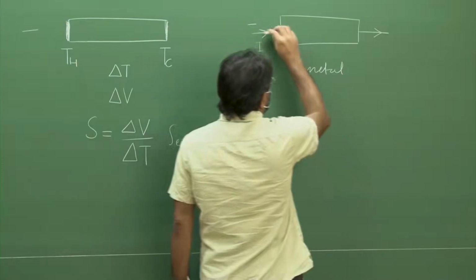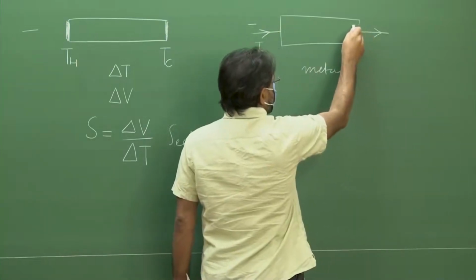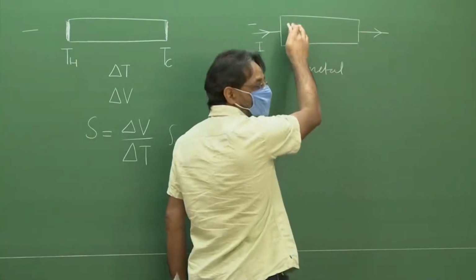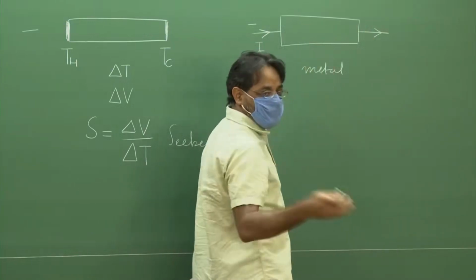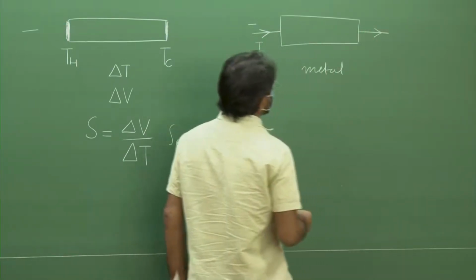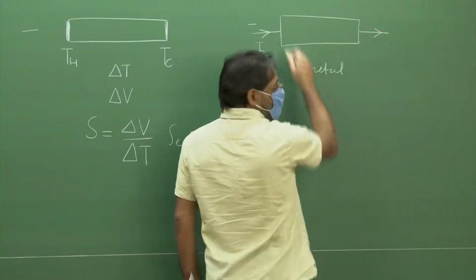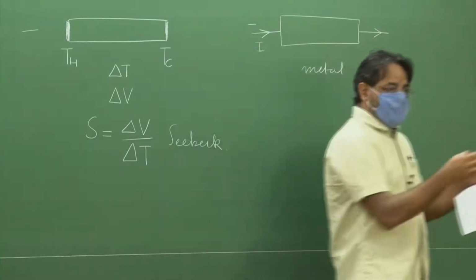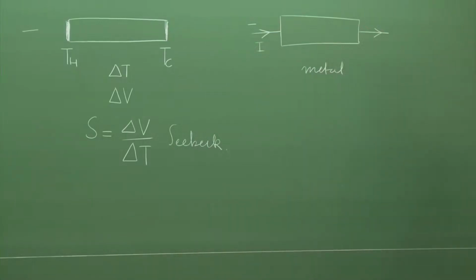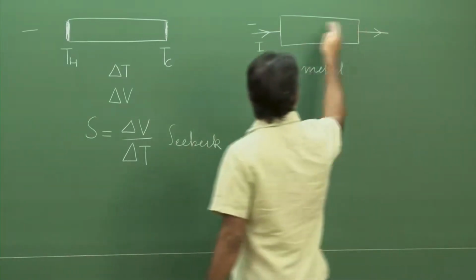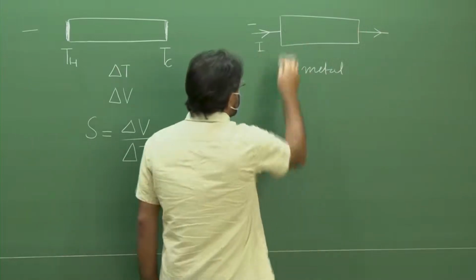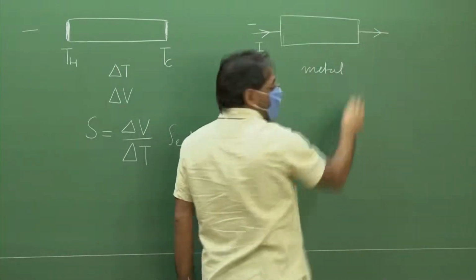So, when you have a current flowing in this direction, actually inside the material, the electrons are moving in the opposite direction, right? That you know from your previous studies. Now, when the electron moves inside, what it does is it drags along with it some heat. Okay, so it takes the heat from this side to this side. So, this end becomes hotter and this end becomes colder.